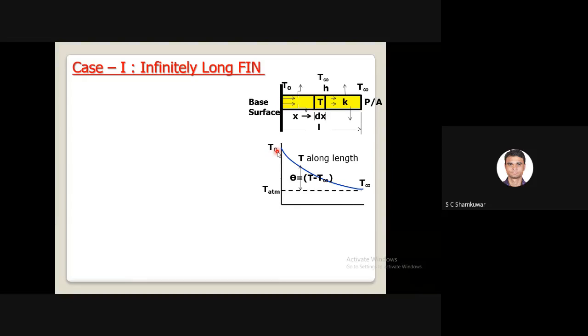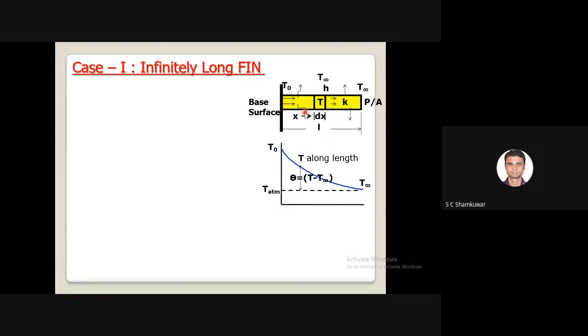So at the base, the temperature was T naught, and as the length increases to infinity, the temperature at the other end of the fin, the temperature at the tip of the fin, is T infinity. It is equal to atmospheric temperature. Understood? You might get confused with this T. What is this T?